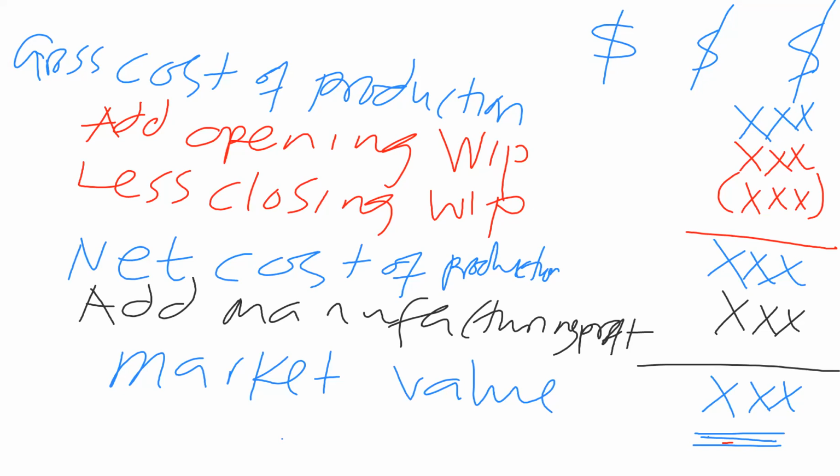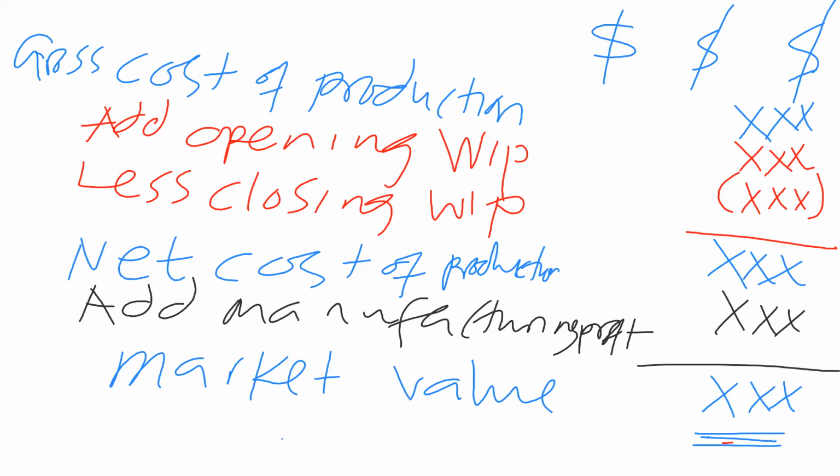So just a quick one, you can transfer the cost of production, and you will not call it the gross cost of production when you don't have the opening work in progress and closing work in progress. You just call it the cost of production. But if you have the opening and closing work in progress, you call it the gross cost of production. Once you adjust it, you have the net cost of production.